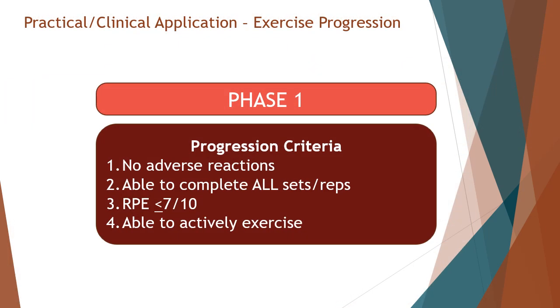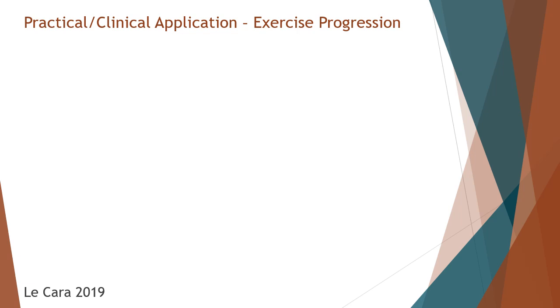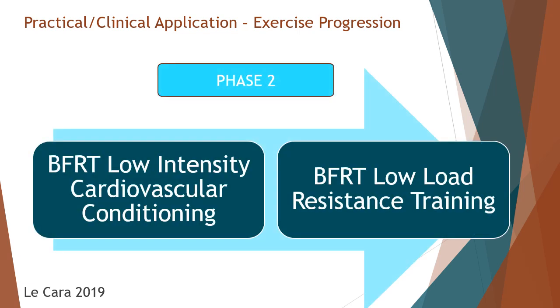So if they can do the following: no adverse reactions to initiation, able to complete all sets and reps, their RPE is dropping, and they're able to participate more readily in active exercise, well then these two. BFR, low intensity cardiovascular conditioning, may be a great place to start, and then eventually adding more resistance, or introducing resistance, I should say.